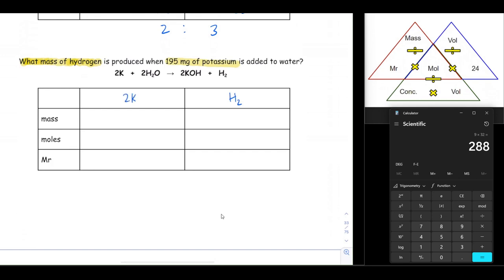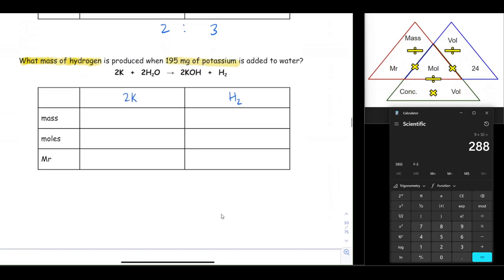So we've got 2K here. The relative molecular mass of potassium is 39, and the relative molecular mass of hydrogen is 2 times 1, which gives us 2. So, what mass? We've got 195 milligrams of that. Don't worry about the fact it's milligrams, just means our answer will be in milligrams.